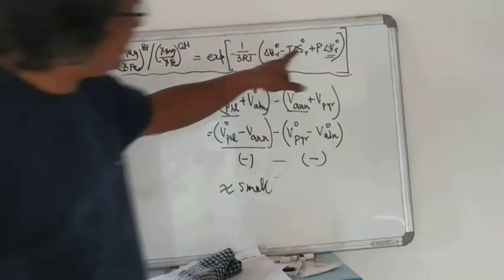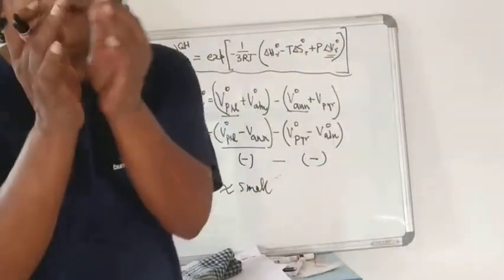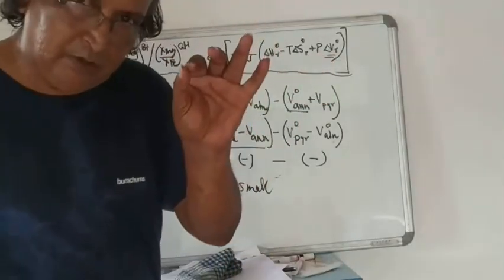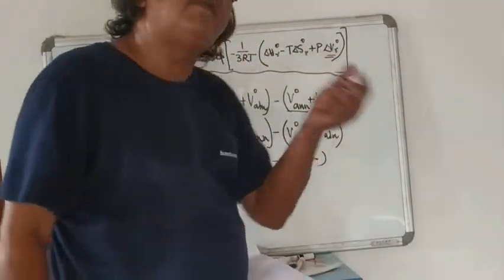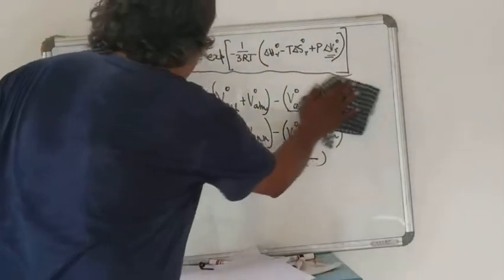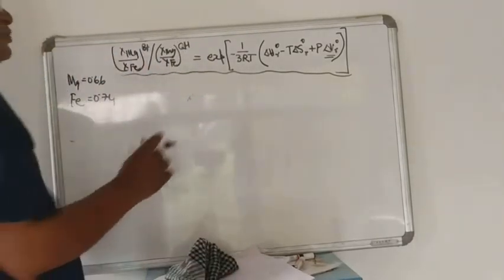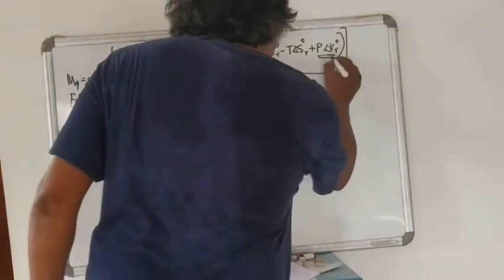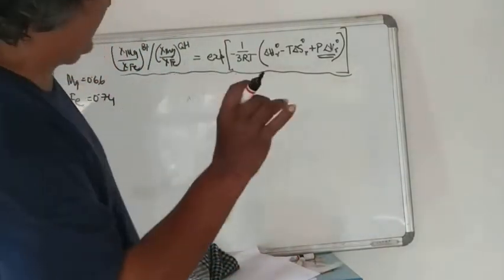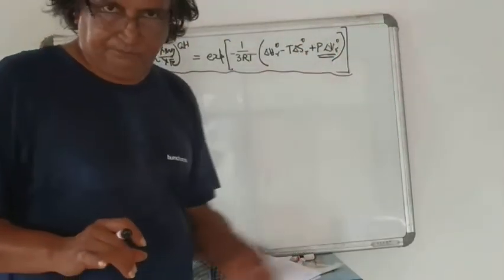So if pressure is very high, then you can multiply it into a smaller number and you get a substantially big value. But if your pressure is small, then of course the effect of this value is very small. So for our discussion, we understand that this term has a small effect on the energetics of this reaction.